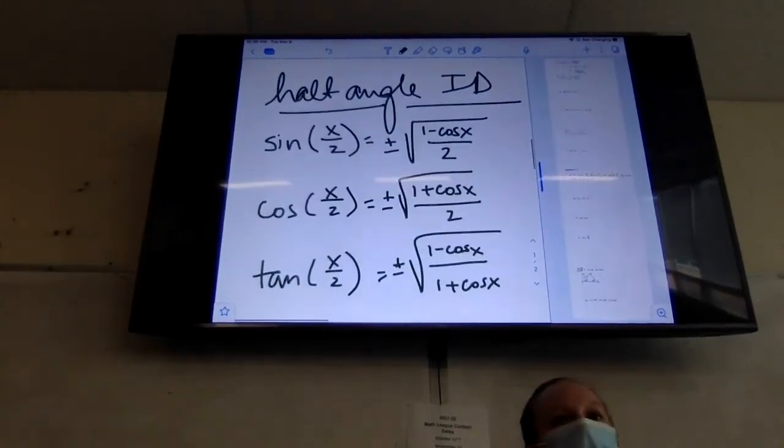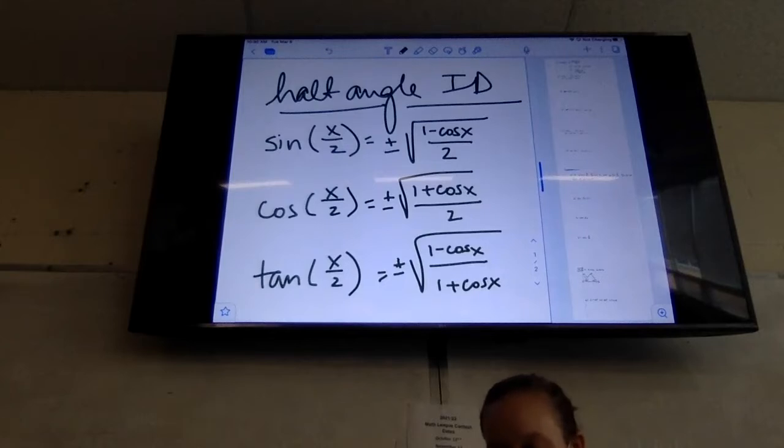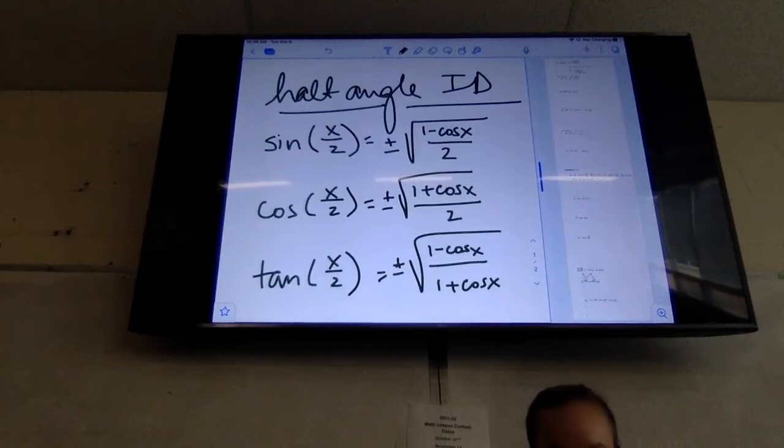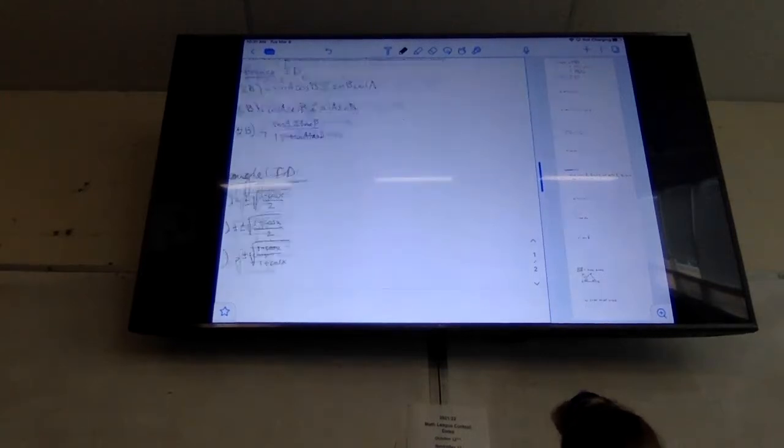I'll keep it here for one more second. All right, here come the double angles because I feel like we're ready for them.